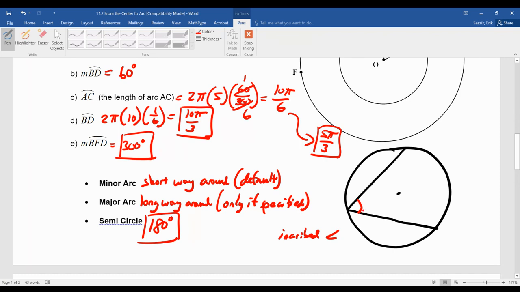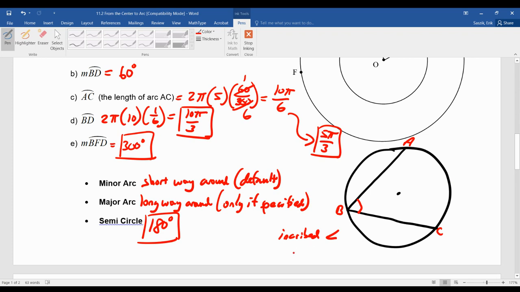The inscribed angle, this red angle, is made up of two chords. Here you have chords AB and BC. The inscribed angle intercepts or creates this arc way out here.